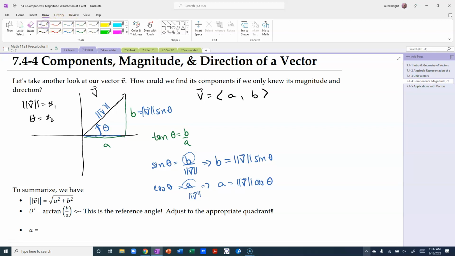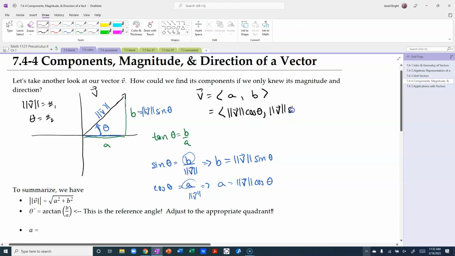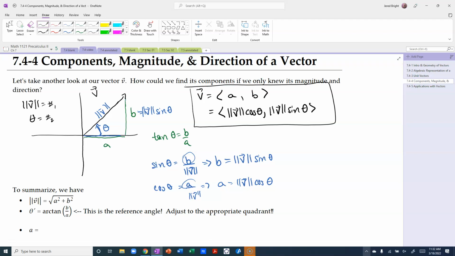It means that we can write vector v as magnitude of v cosine of theta for the horizontal component and magnitude of v sine of theta for the vertical component. This is another way of expressing a vector in component form in terms of its magnitude and direction, instead of having to specify a and b from the get-go.